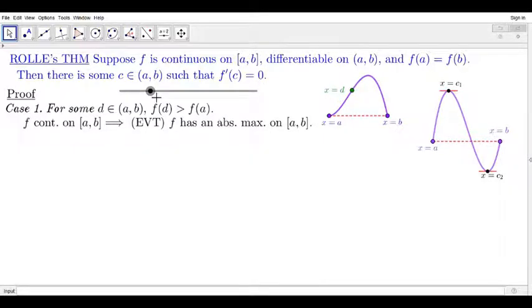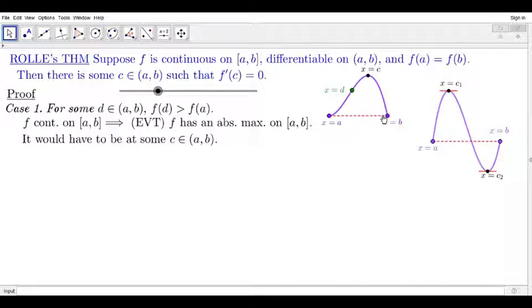Alright, so f has an absolute maximum. Now, because there already is a point on the graph that's higher than f of a and f of b, therefore this absolute maximum would have to occur at some number c strictly between a and b. We know from the extreme value theorem that the absolute extrema can occur at the endpoints.